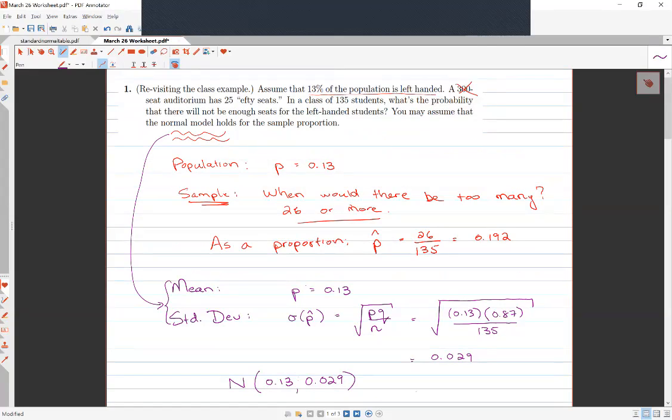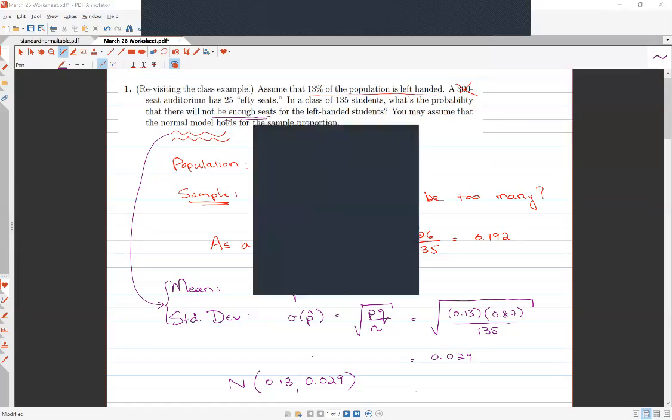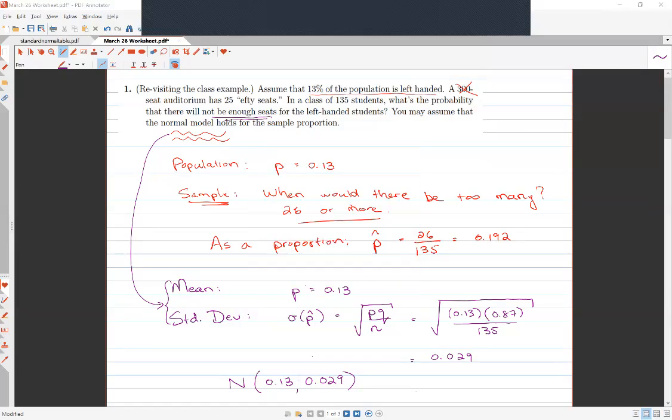I want to know what the probability is that there will not be enough seats. If there are 25 who are left-handed, then I do have enough seats. It's only if there are 26 students that show up that I do not have enough seats. So if I did that differently in the video, it should have been 26 in the video as well. And I hope that doesn't cause too much confusion for anyone.